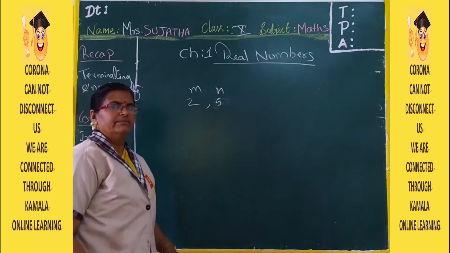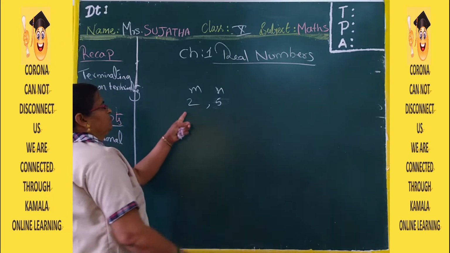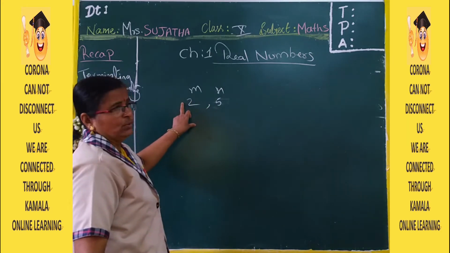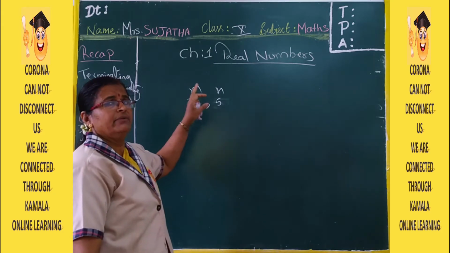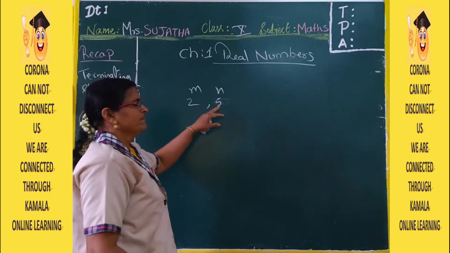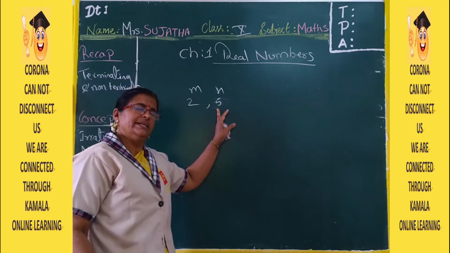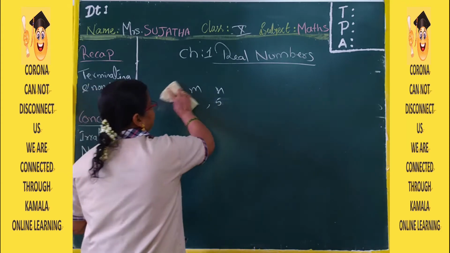If it is there, then we can say that it is terminating. If only 2 is the base, yes, it is terminating. Along with 2 or 5, if any other prime number is there, it is not terminating. Similarly, if only 5 is the base, it is terminating. If both are there, also terminating.